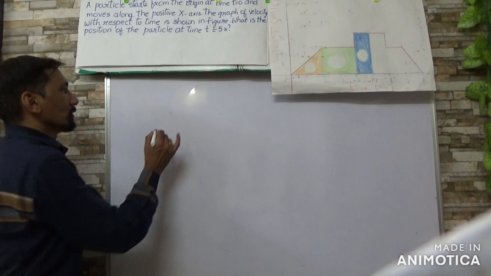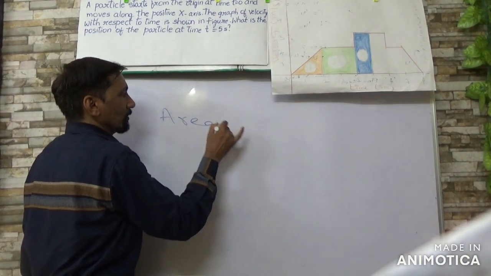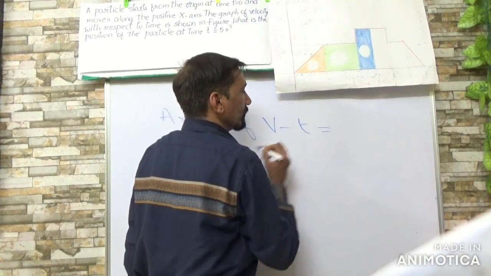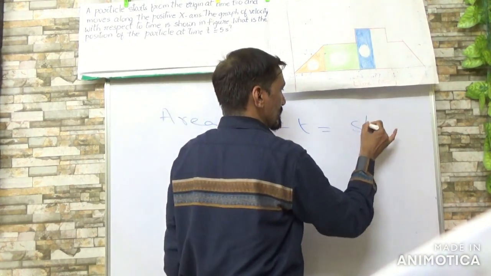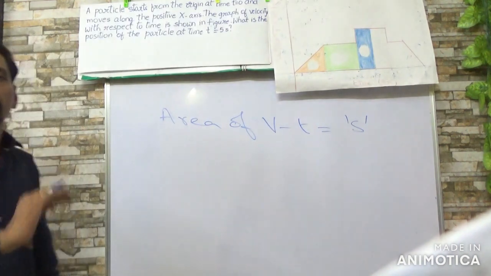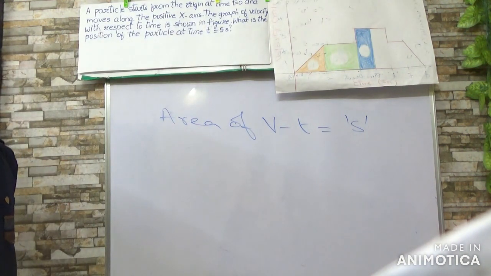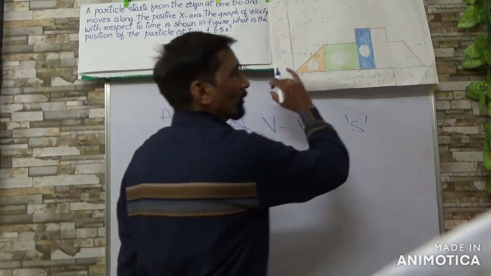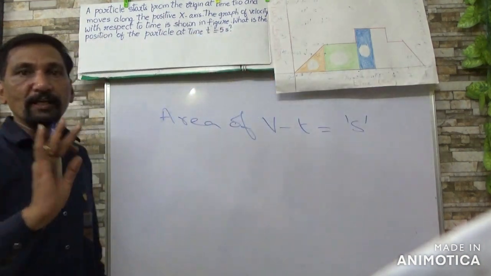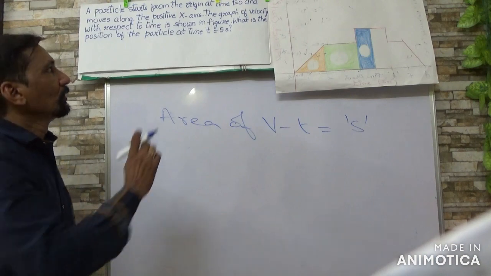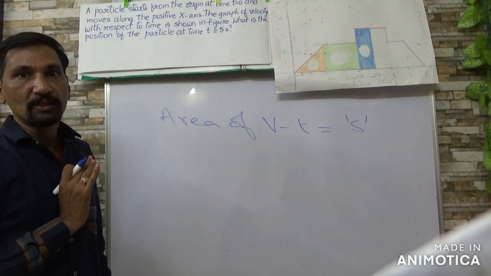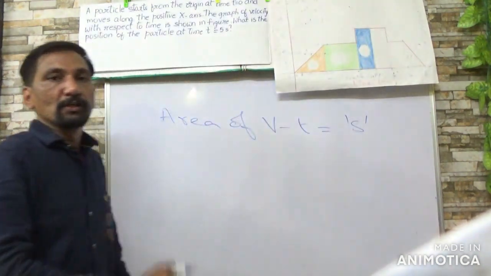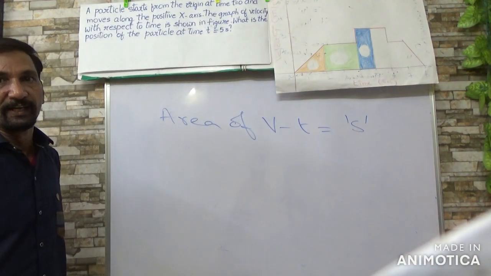So you know the area of a velocity versus time graph gives displacement, nothing but the position of the particle. But you want up to 5 seconds only, so you need not consider the total area up to 8 seconds. You want its position only after 5 seconds. So this shaded portion is only what we require.